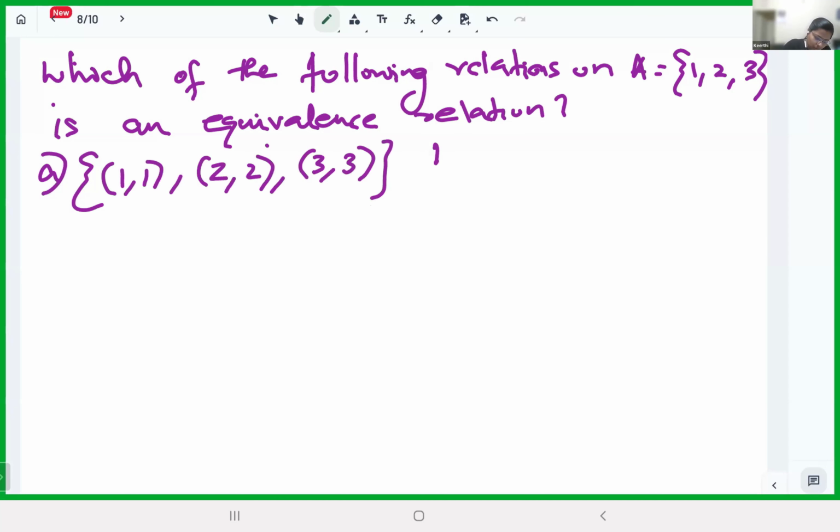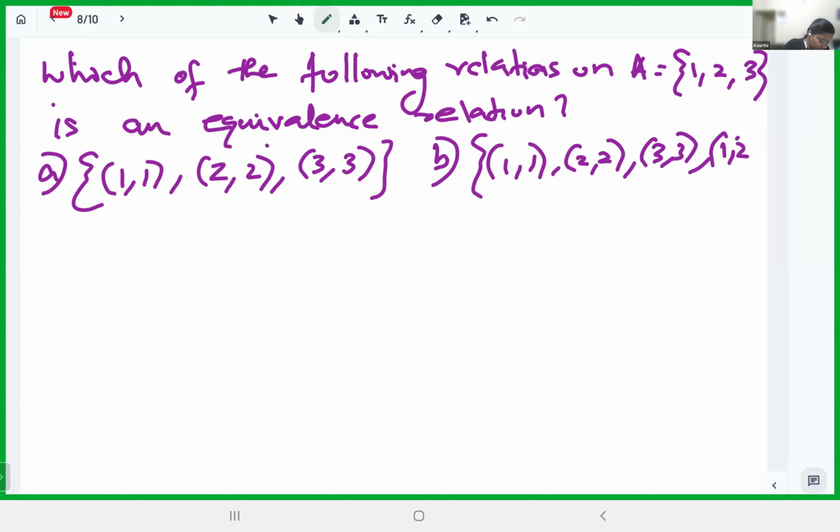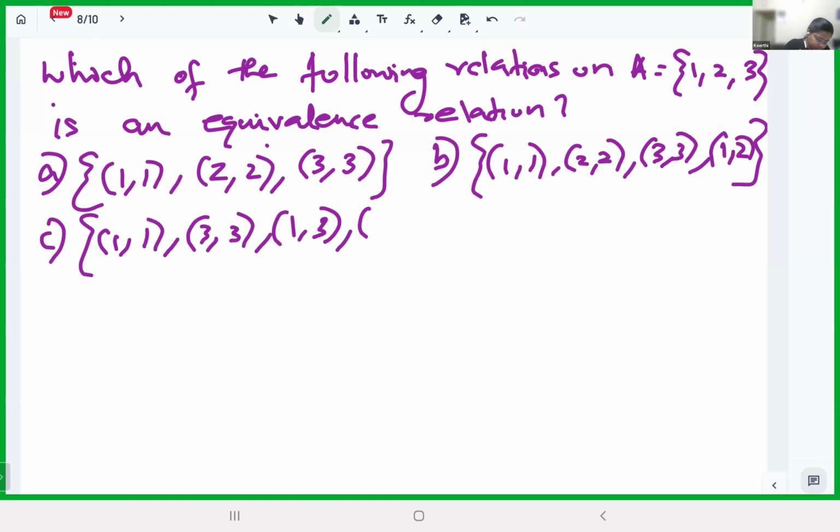The second option is {(1, 1), (2, 2), (3, 3), (1, 2)}. The third option is {(1, 1), (3, 3), (1, 3), (3, 1)}. The fourth option is none of these.